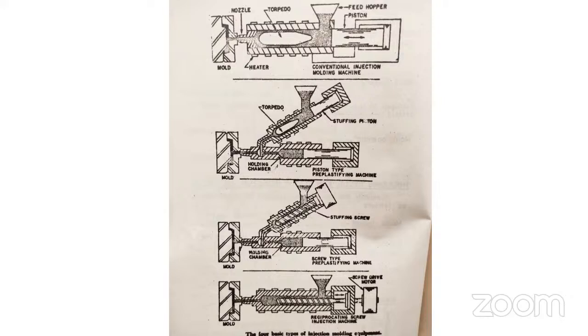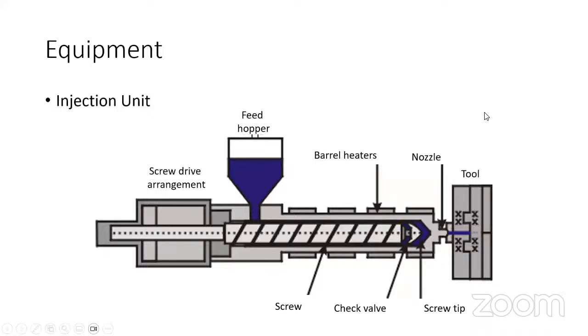Friends, I told you the advantage of the reciprocating type of injection molding machine, the last one. See, now what are the equipments which give the sophisticated and easy movement of the parts?